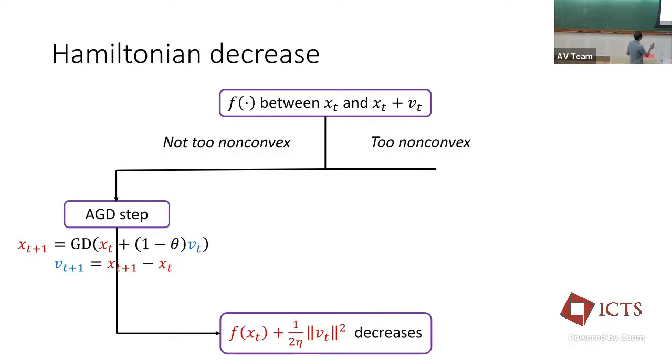I guess I'm saying that this basically boils down to a one-dimensional case at this point, because we are only looking at the line joining xt and xt plus Vt. We can just look at this one-dimensional objective. What I'm saying is the function is highly non-convex in this one dimension, meaning that there is a high negative curvature, so there is at least one direction which significantly decreases your function value.